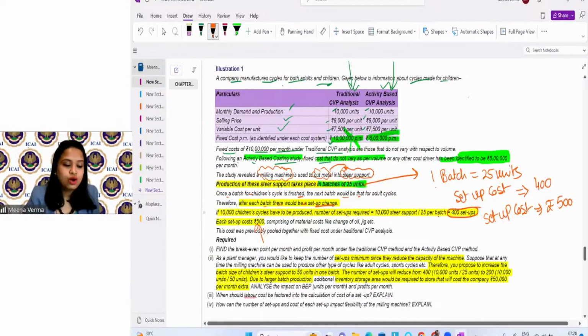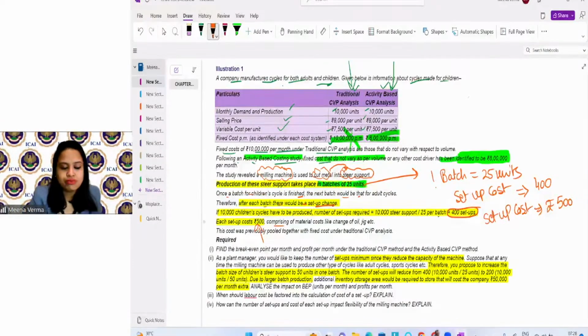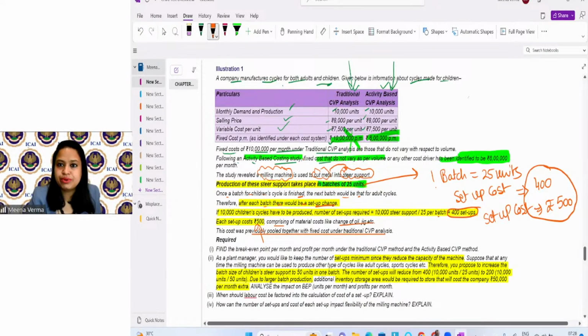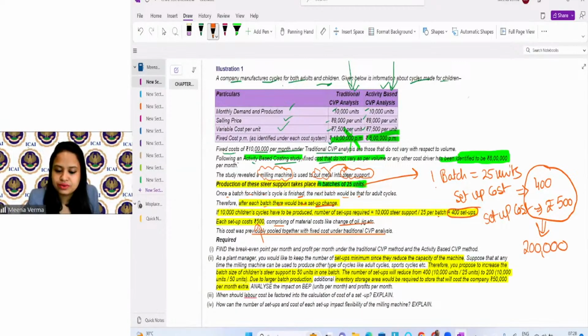Next, it comprises material costs like change of oil, jigs, etc. This cost was previously pooled together with fixed cost under traditional costing. Now, if you see, this is actually a separate cost. This is not a fixed cost. It comes to 2 lakh.